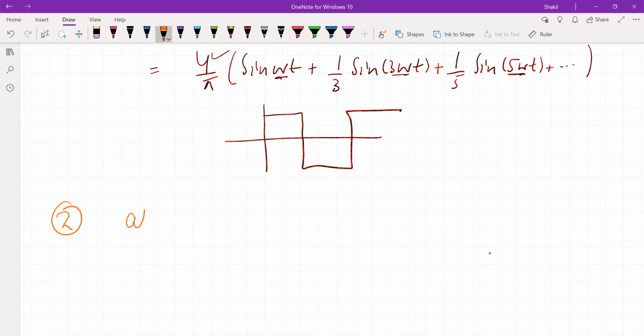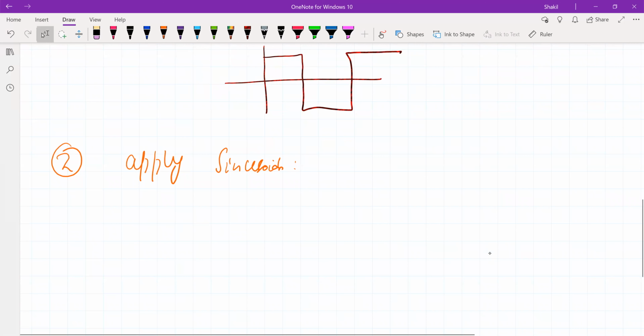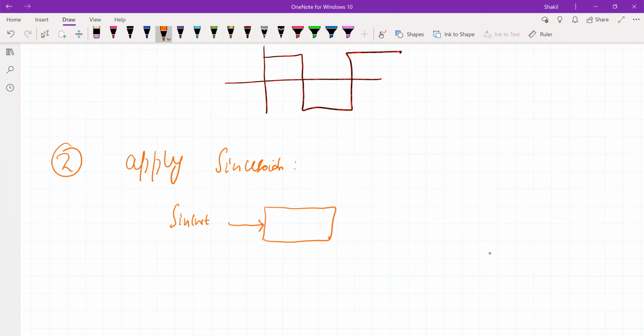When we apply sine waves or sinusoids as input to an LTI system, let me take an example, A sine omega t plus theta, where the amplitude is A. When we apply this as input to the LTI system, the output will simply have a change in amplitude. Suppose the amplitude changes to A1 sine omega t plus theta plus some phase.